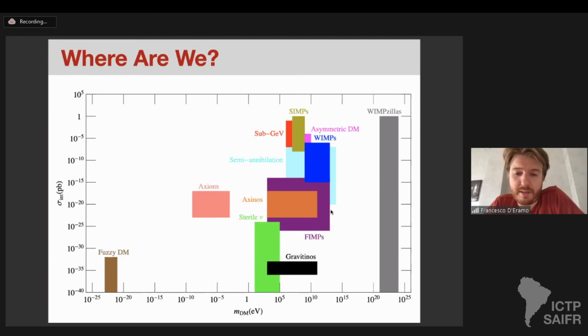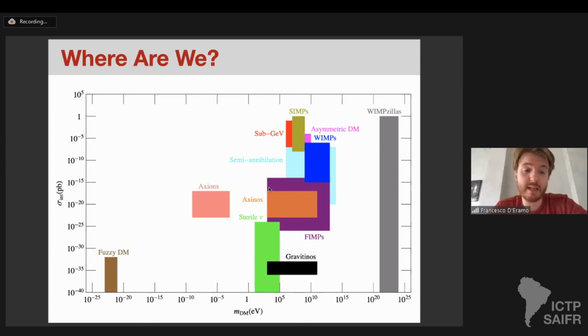And so there is no limit to the creativity of a theorist when you try to come up with a solution to the dark matter problem. Of course, some of these candidates are not as motivated, but the only thing I want to deliver with this plot is the confusion, in the sense that we really have no idea about the dark matter mass.